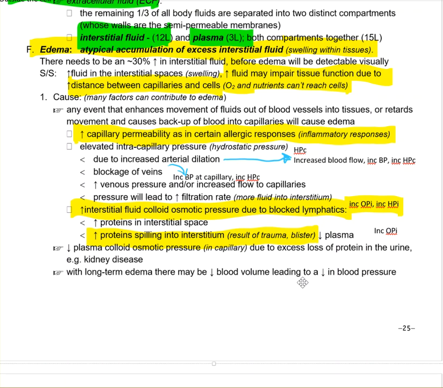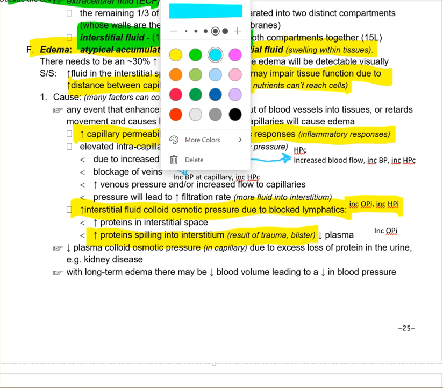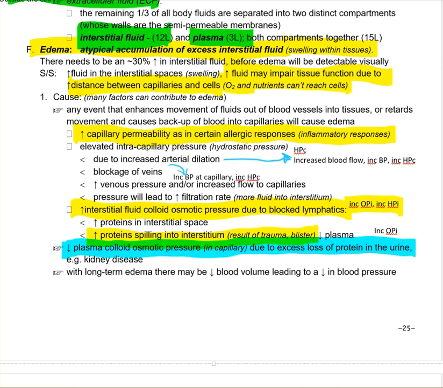What can happen is if we have something like a kidney that's not working correctly, let's say we have a loss of protein in the blood due to it going out into the urine, like kidney disease, then we see a decrease in OPC. And if we see a decrease in OPC, then that number will go down. And remember, that was a big number. Water was being drawn in by those proteins. And if water can't be drawn in, it stays instead in the interstitium and edema results.